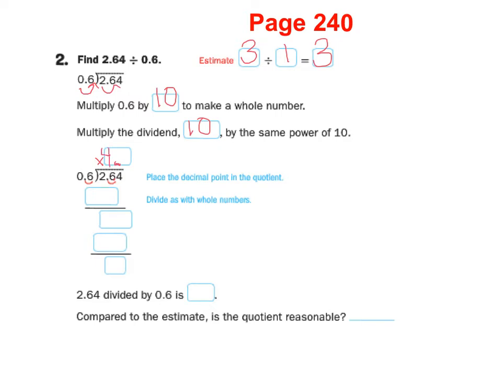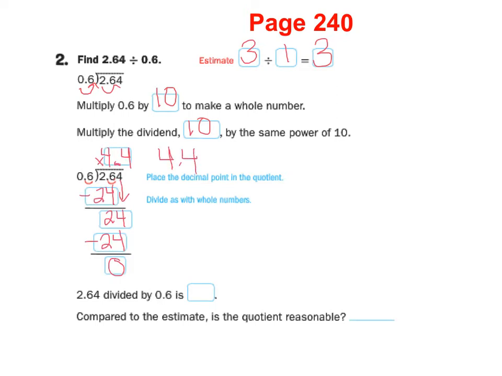So I'm going to put a 4 right there. 4 times 6, 24. Subtract. Bring down the 4. 24 again. 24 divided by 6 is 4. 4 times 6 is 24. Subtract. I get 0. I'm finished. My answer is 4.4.